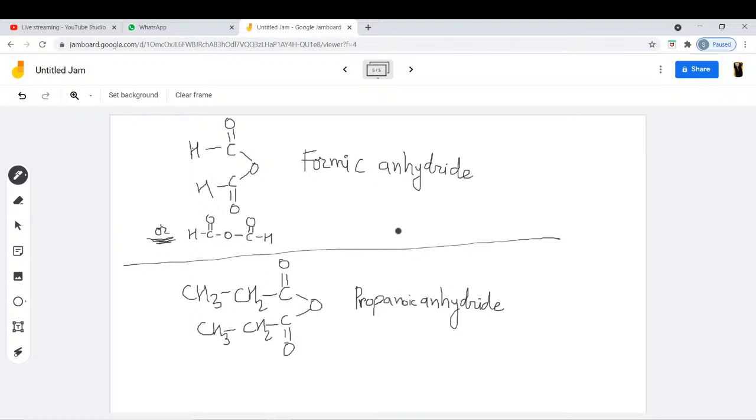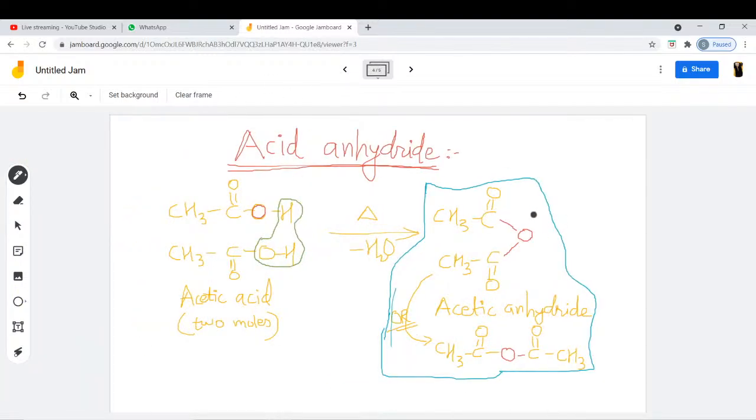There is nothing much more to learn about these anhydrides, but this acetic anhydride is very, very important. Just learn this structure: CH3 C double bond O, O, C double bond O, CH3, acetic anhydride.